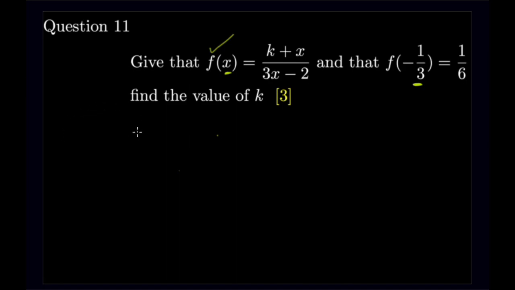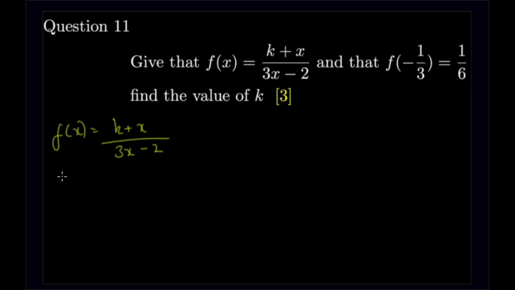So we have f of x equal to k plus x divided by 3x minus 2. I'm going to need the space, so let me quickly delete this so that I can use the space to the right.